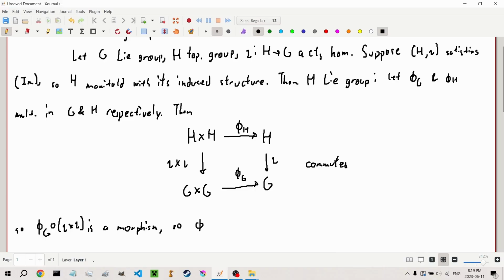So phi_H is a morphism, as iota is definitionally an immersion, and which makes H a Lie group.